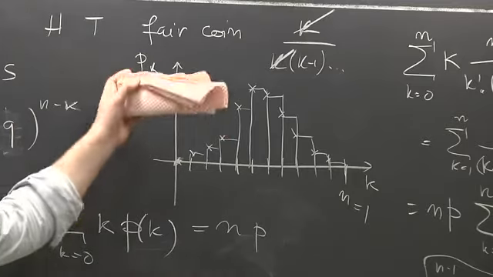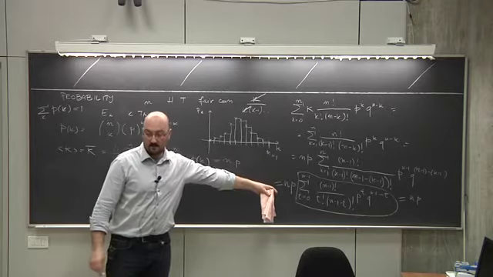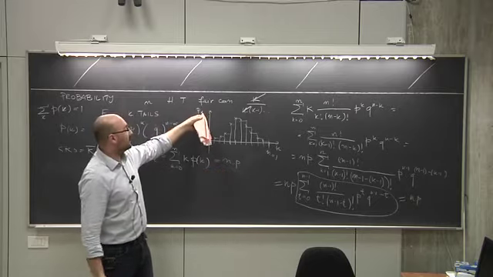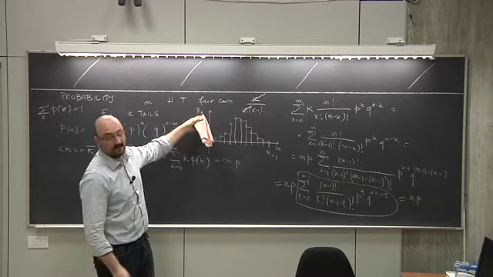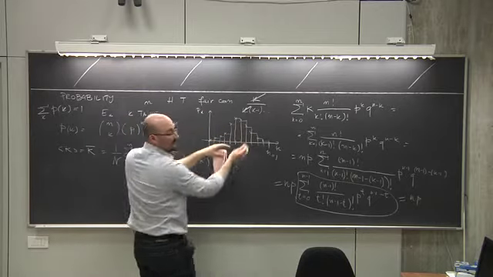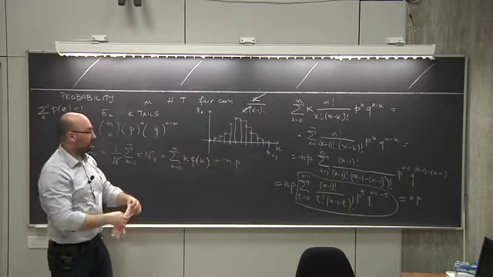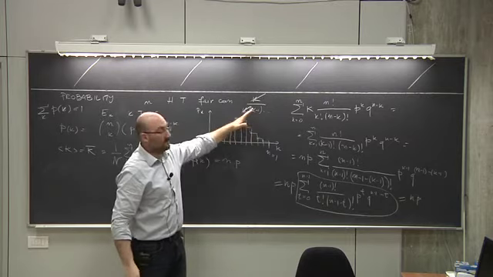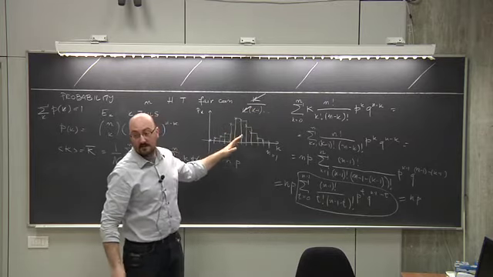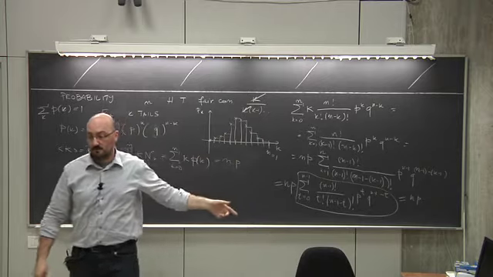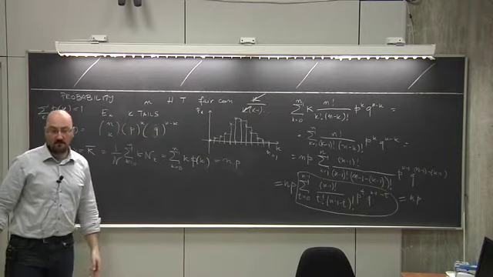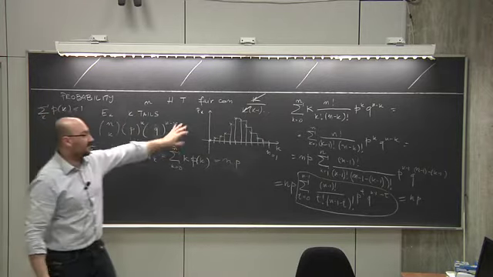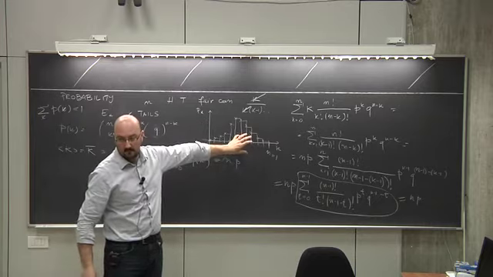In order to get the average of k, I have to take pk and multiply it by k. So this thing gets multiplied by a line. This part goes up a little bit with respect to this part, and the area under that curve is the average. The area in this sense, you have to build the histogram.